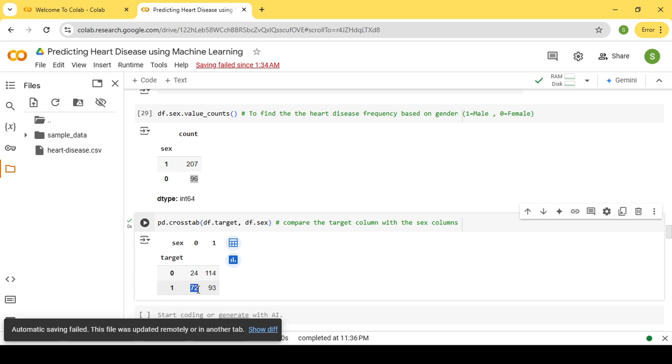On the other hand, you can also spot that only 93 men out of a total of 207 have heart disease, and that is only around 45%. So the proportion of women compared to men within our data set shows that women have a higher proportion of having heart disease.